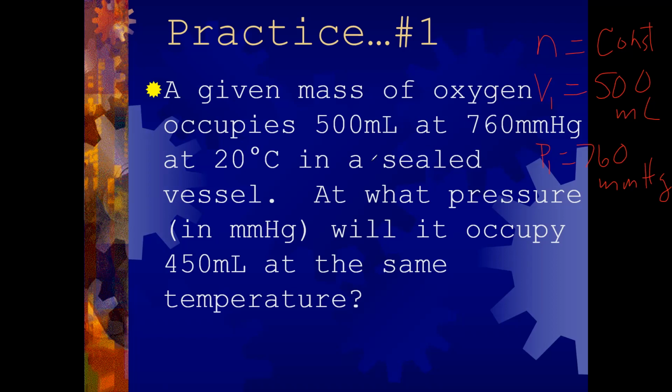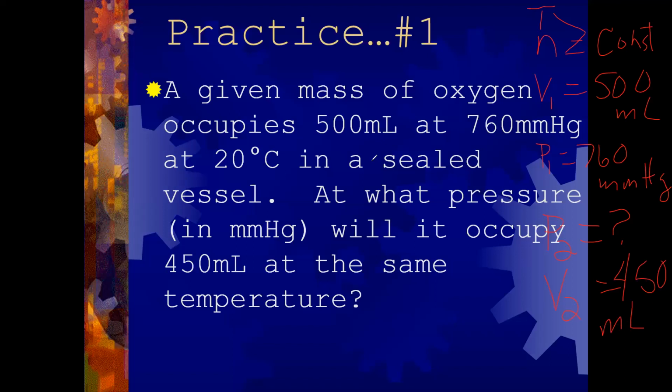So this happens to be Boyle's law. Let's go ahead and write temperature, and both are constants. So the next thing to do is keep writing the data they gave us. It says what pressure, so we need P2, and that's our question. Will it occupy at a volume of 450, okay?